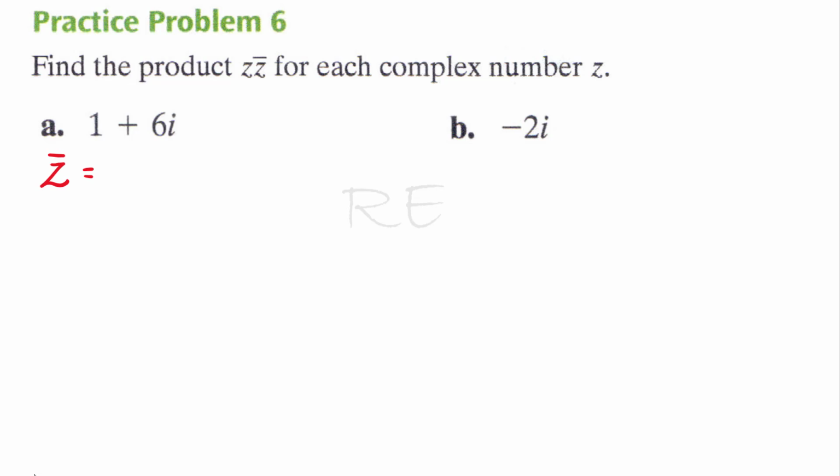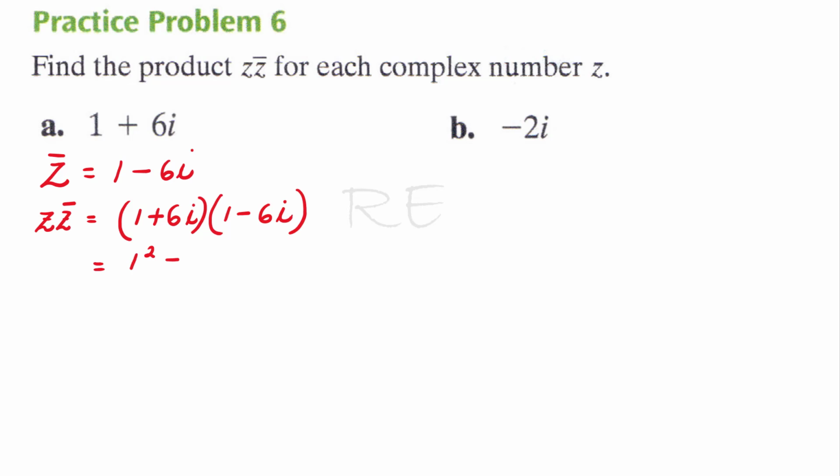The conjugate of 1 plus 6i is 1 minus 6i. Z times its conjugate will be 1 plus 6i times 1 minus 6i. 1 squared minus (6i) squared.